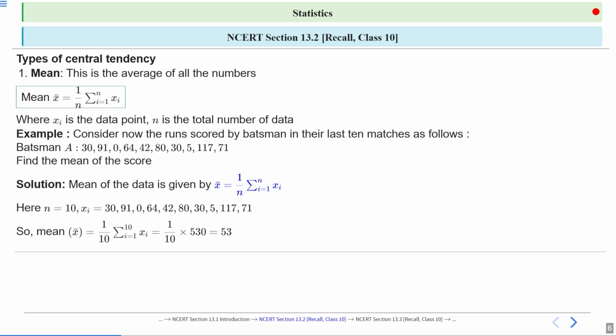So mean x bar equal to 1 by 10 summation i equal to 1 to 10 xi. If we take the sum of the given data xi, we get 530. So mean x bar equal to 530 upon 10, and after simplifying we finally get 53. So mean x bar equal to 53.